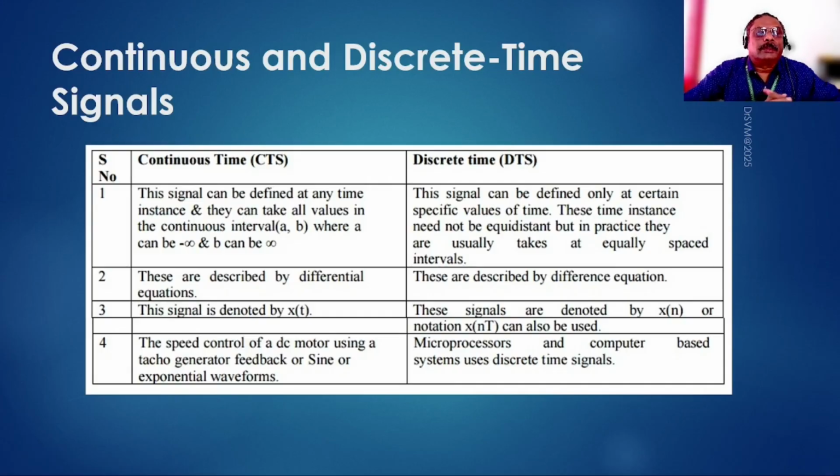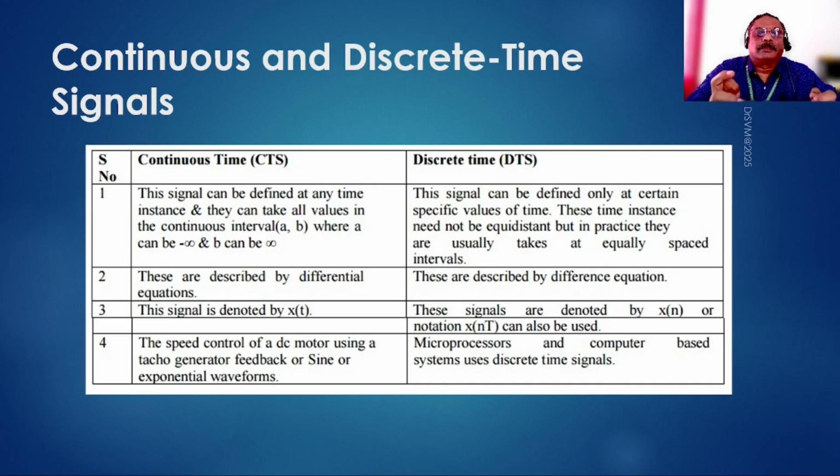So comparing the two together, a continuous time system or a continuous time signal is the one which is defined at any time instant. So there is nothing like a time at which the signal is not defined. You talk of any time, there will be a value defined for that. If you are talking about a continuous interval between a and b, then whatever be the value of a, whatever be the value of b, between these two points in time there are infinitely many timestamps.